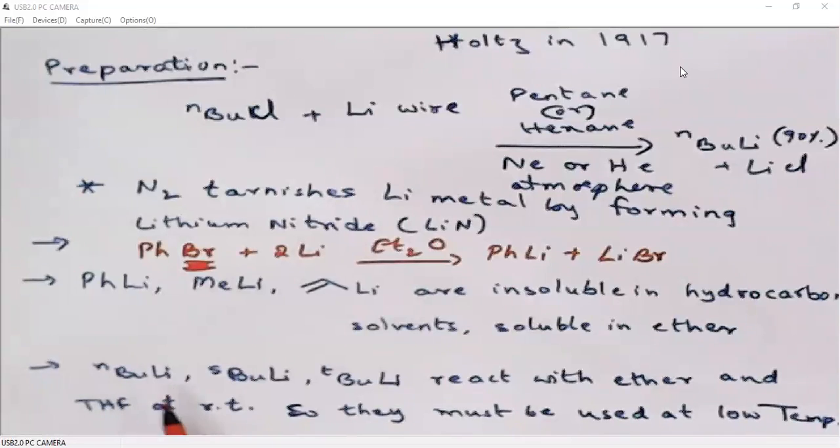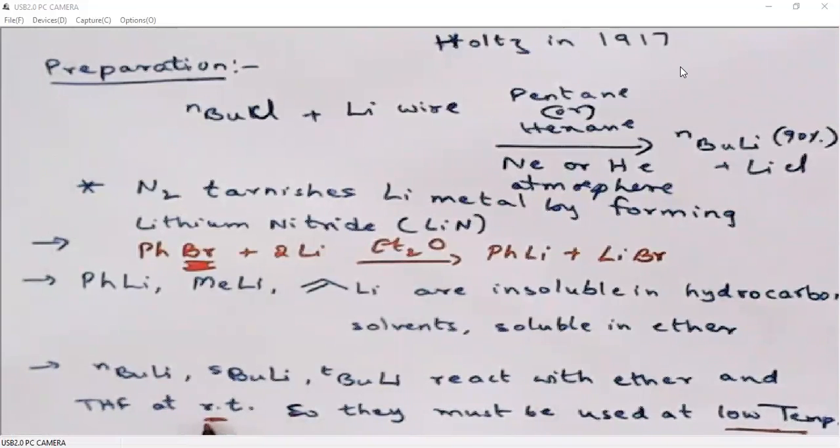Also, n-butyl lithium, secondary butyl lithium, and tertiary butyl lithium react with ether and THF at room temperature. So whenever we want to prepare or use these reagents in ether or THF as the solvent, we must maintain very low temperatures. Why?